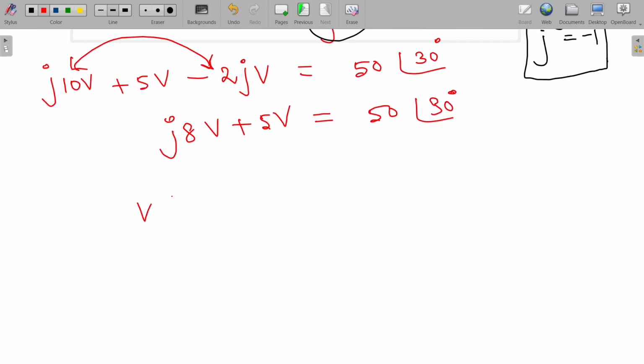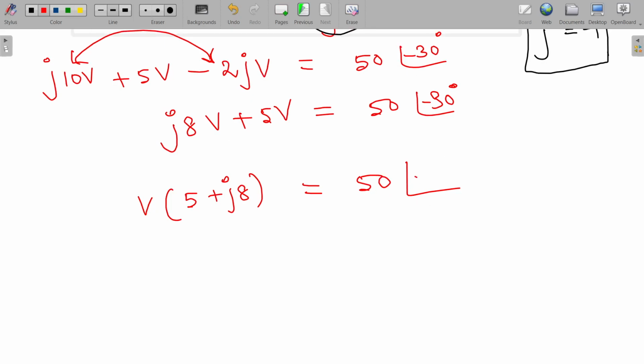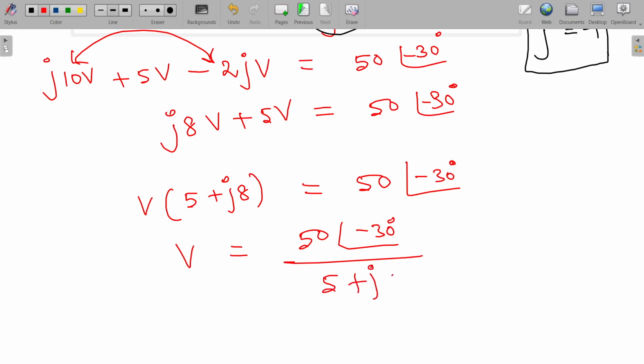If you take this V outside, it can be written as 5 plus j8 times V, equal to 50 angle minus 30 degrees. Then, because we want to find this voltage V, V is equal to 50 angle minus 30 degrees divided by 5 plus j8.